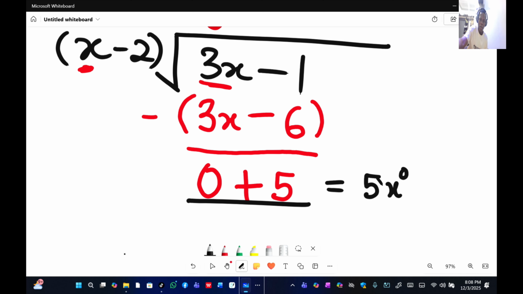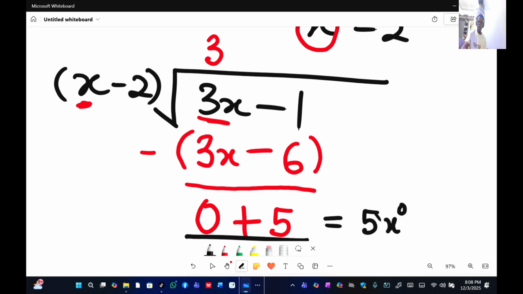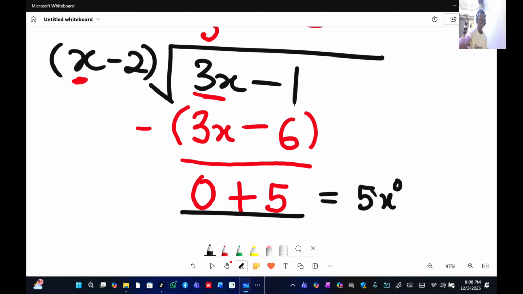So it means when you divide 3x minus 1 by x minus 2, you'll be getting 3 as a quotient, as a whole number with a remainder of 5. So anytime you have a remainder, it means you still need to divide the remainder.